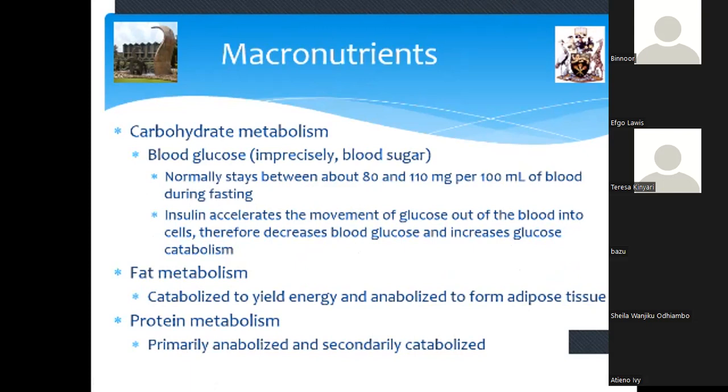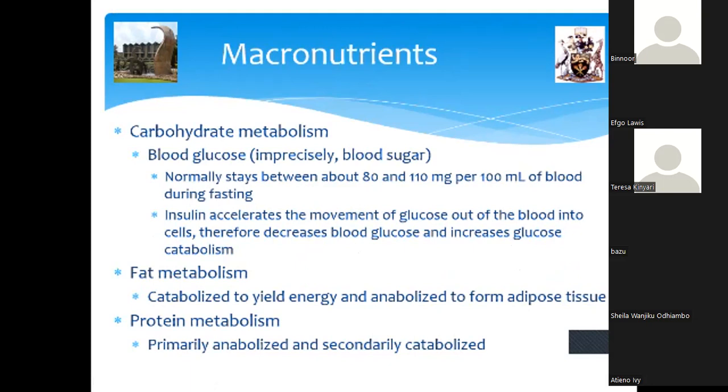So we know glucose is converted to glucose 6-phosphate when insulin activates the glucose transporters in the peripheral tissues. And here we are basically looking at it being used in the peripheral tissues, in the adipose tissue, muscle, and also in the liver.